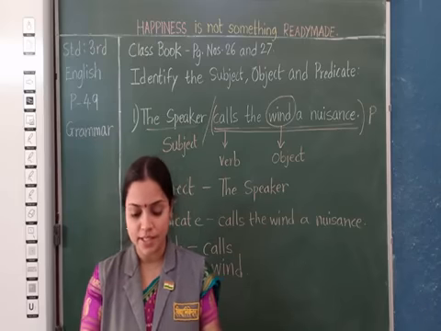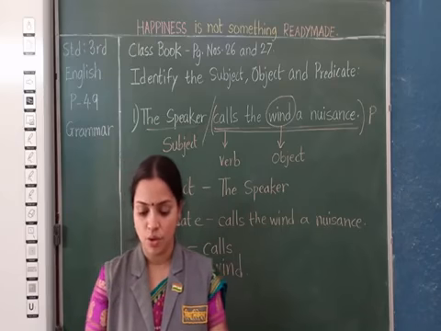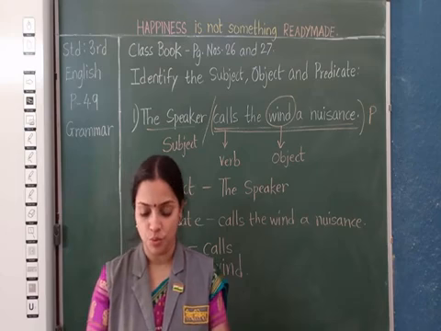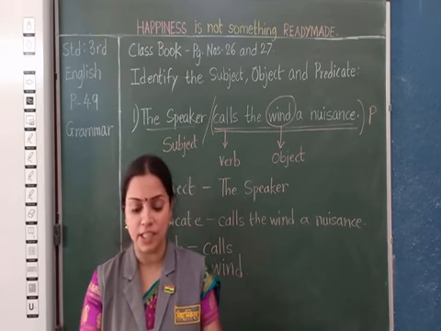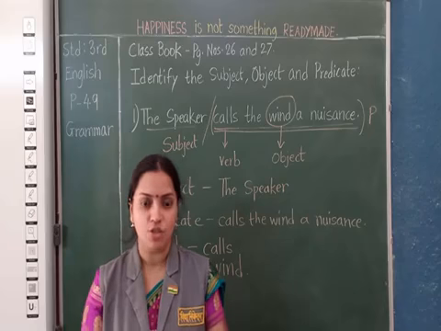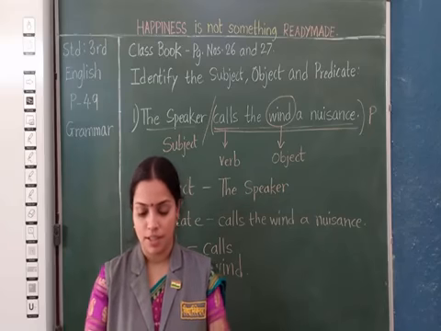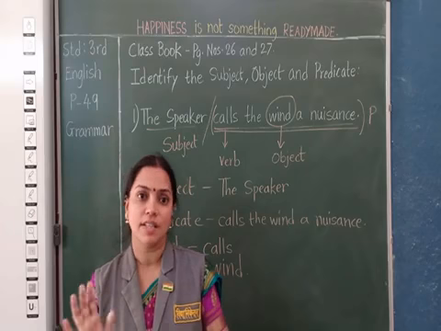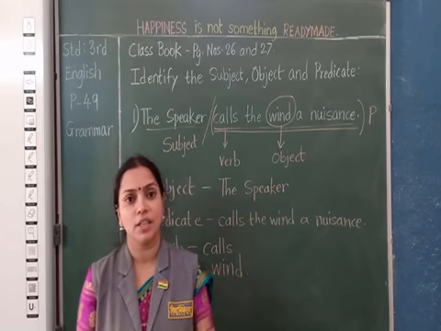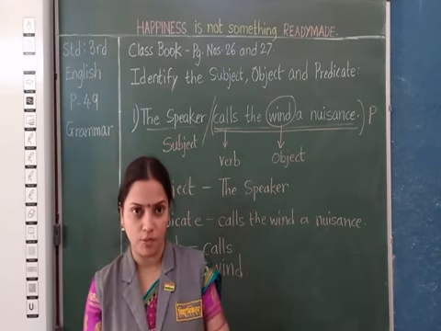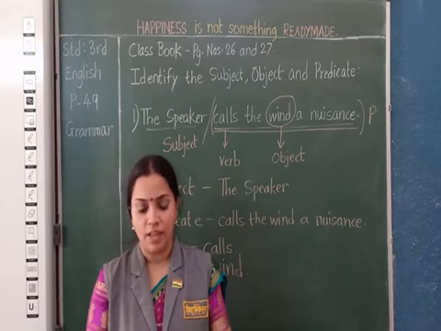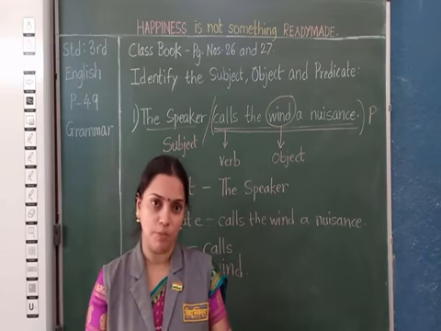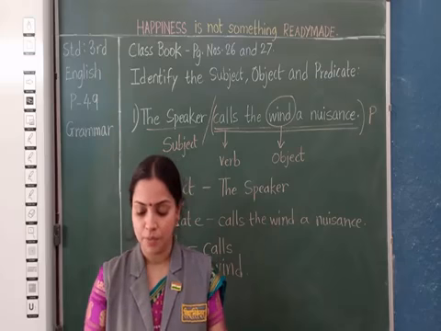Okay. Let's come to the sixth sentence. Wind can cause a lot of damage too. Again this sentence is about wind. So wind is our subject. Can cause is our verb. You have already learned in detail about auxiliary verb. So here one is auxiliary verb and the other one is the main verb. You already know, isn't it?